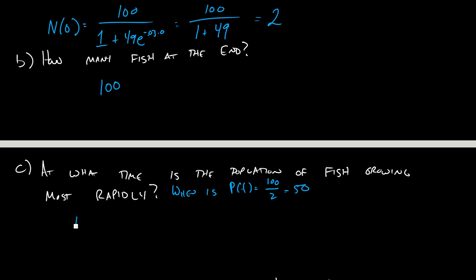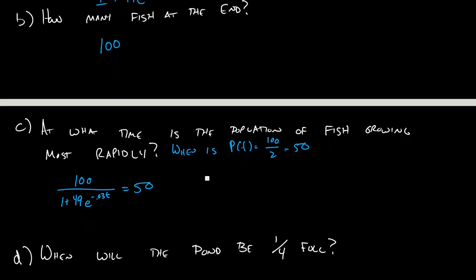So we start with our equation, 100 divided by 1 plus 49 e to the negative 0.03 t, and we want to know when this is 50. We're just going to solve this. We start by multiplying over to that side and dividing each side by 50.